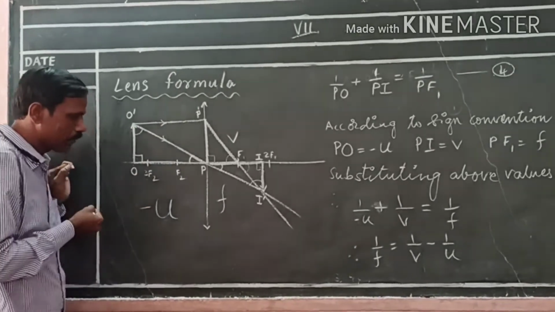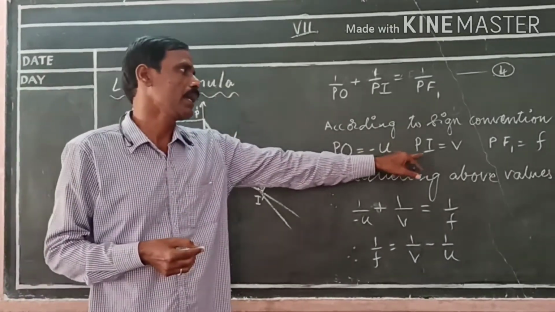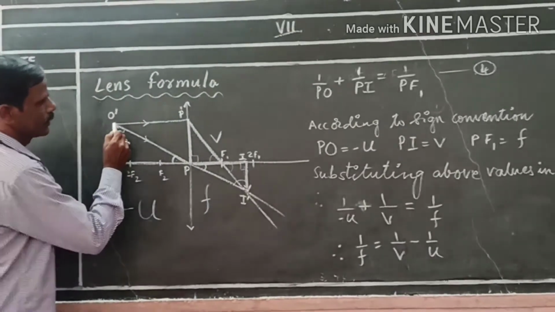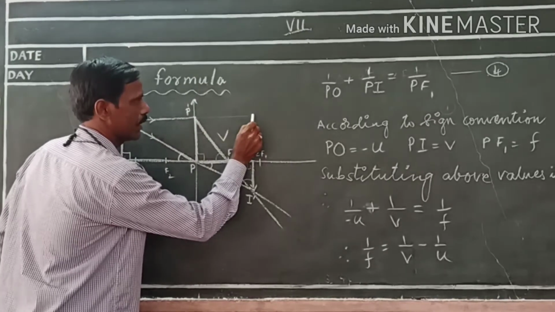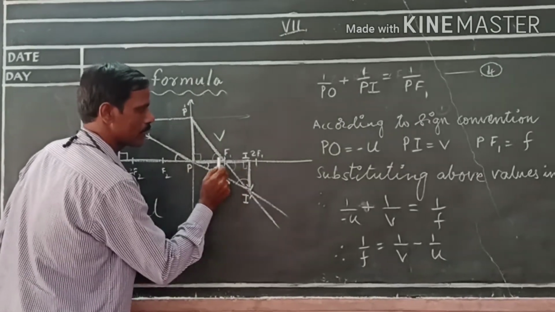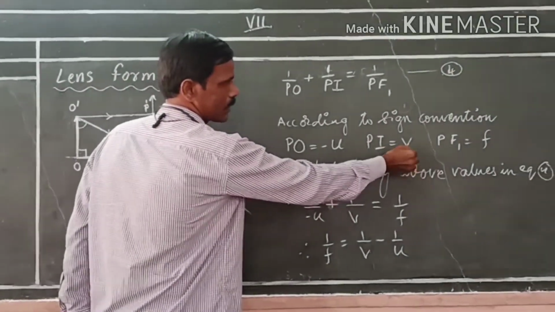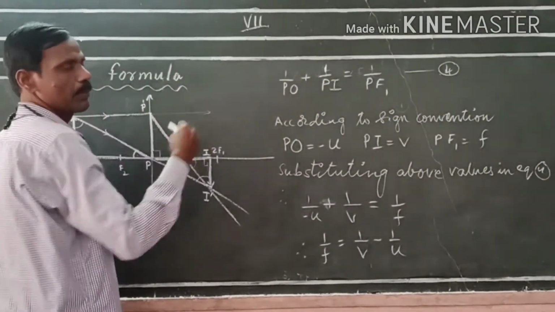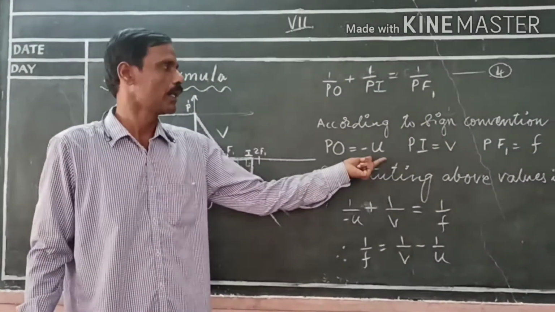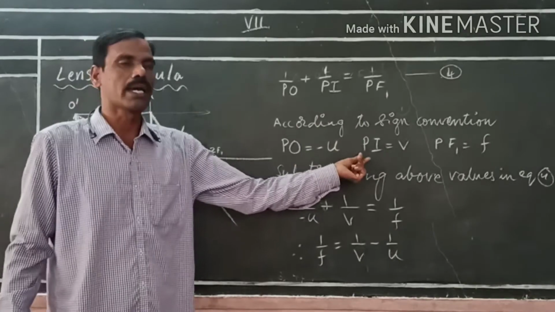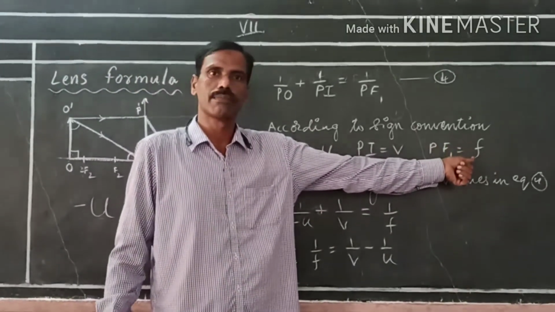So PO is equal to minus U, and PI is equal to V. This is the direction of the incident ray, and the distance PI is also measured in the same direction as the incident ray, so it is considered positive. Similarly, PF1 is also positive, that is plus F.